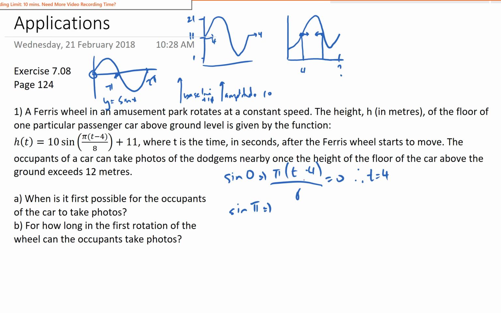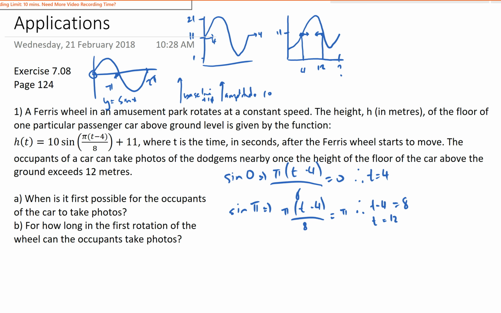So we need to make pi(t minus 4)/8 equal pi. Hopefully you can identify there that the t minus 4 part has to be the same as 8, so t has to be 12. Because 12 minus 4 is 8, 8 divided by 8 is 1, 1 times pi, there you go. So that number there is 12. Hopefully you can see all of that.